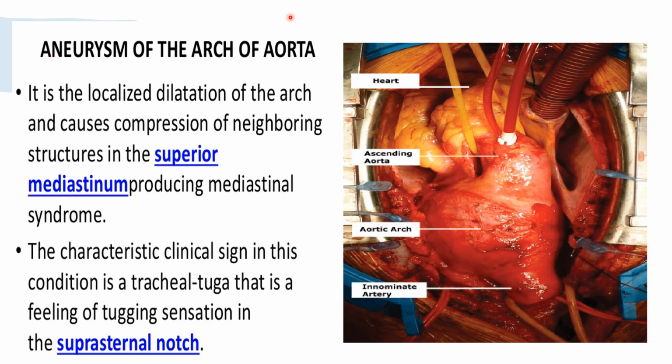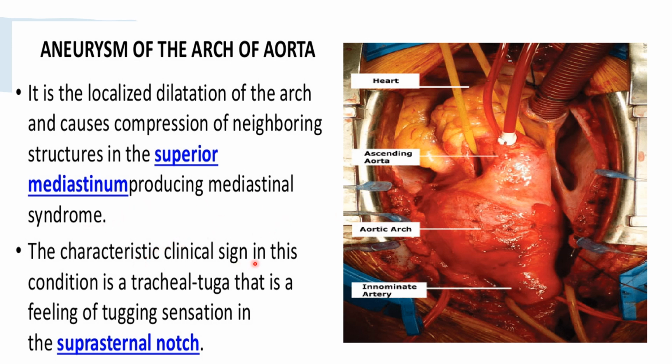Now, aneurysm of the arch of aorta. This is one more clinical condition related to the arch of aorta. It is a localized dilatation of the arch of aorta. You can see in this diagram there is an enormous dilatation of the aortic arch. It causes compression of the neighboring structures in the superior mediastinum, producing mediastinal syndrome.